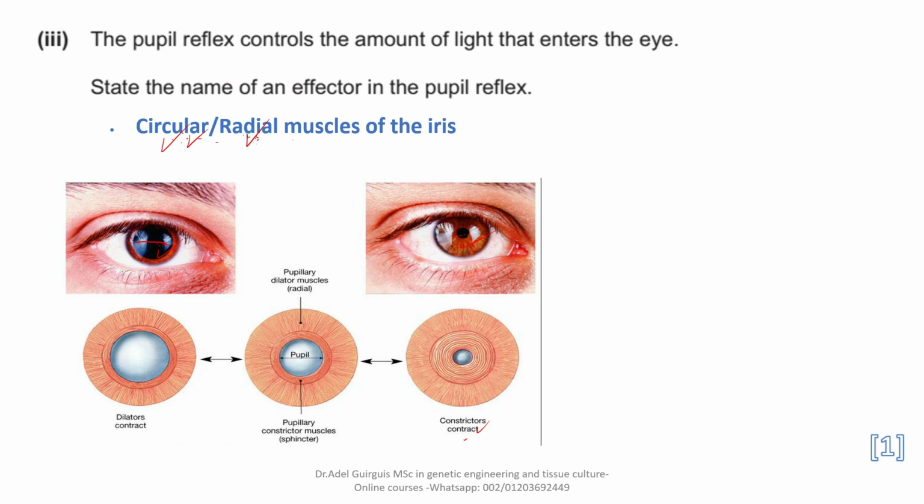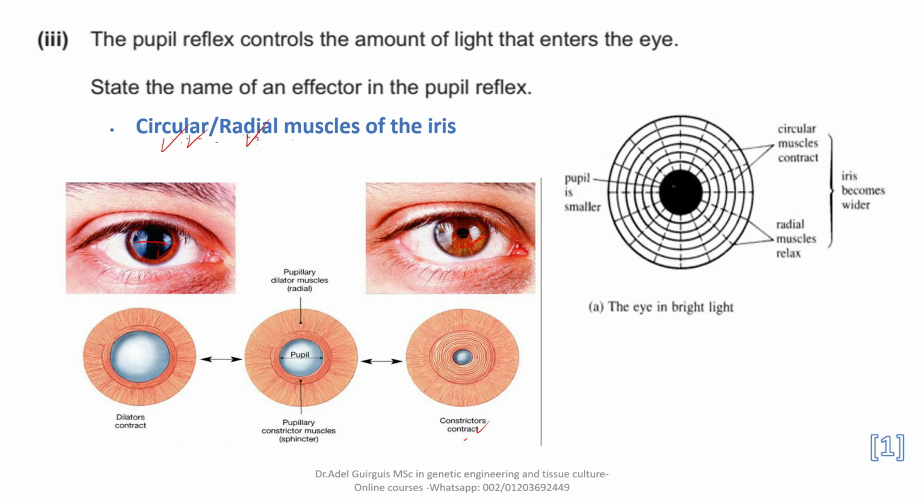Here is the eye in bright light, like in this one: the circular muscle contracts and the radial muscle relaxes. Where is the iris? The colored part of our eye.